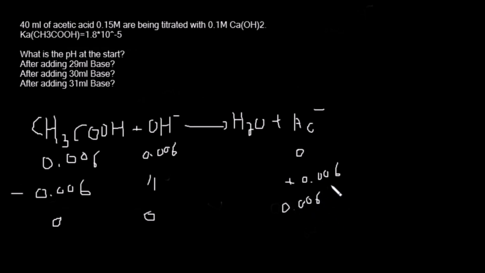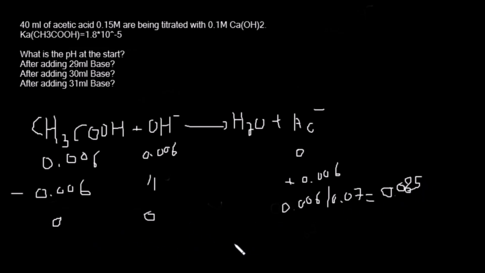And to find the concentration, you divide it by the total volume, which is 70. So 0.07. And the concentration of the acetate that you have, 0.006 divided by 0.07, it's 0.085.